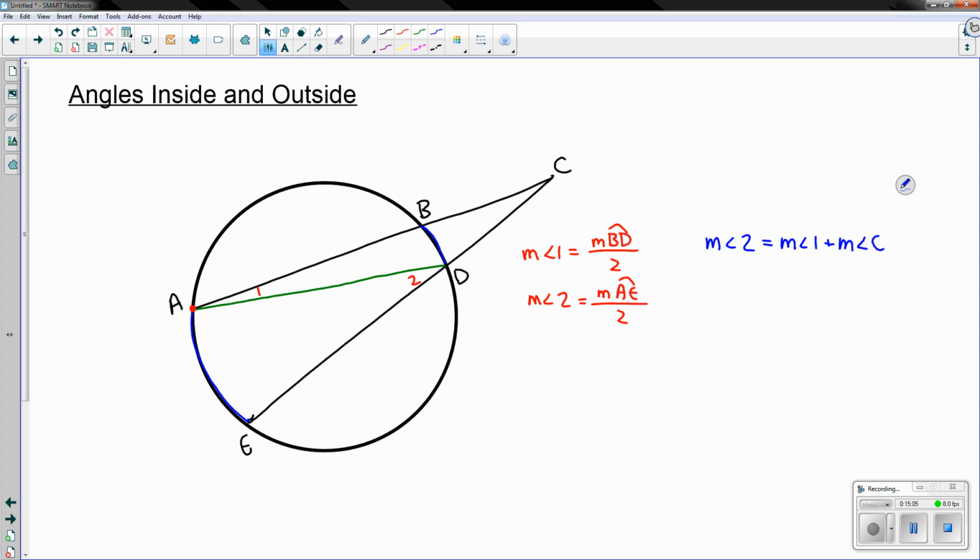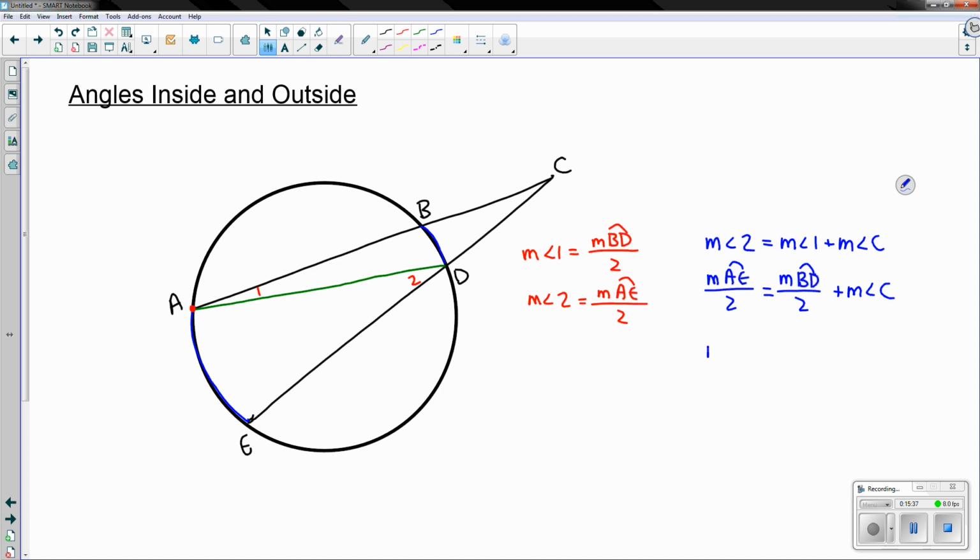Now, we want to know the relationship between C and those arcs. And we know how 1 and 2 relate to the arcs that we're interested in. So we can make a substitution. We can say the measure of arc AE over 2, which is equivalent to angle 2, should equal the measure of arc BD over 2, which is equivalent to the measure of angle 1, plus the measure of angle C. So now I have an equation that relates the three things that were of interest to us.